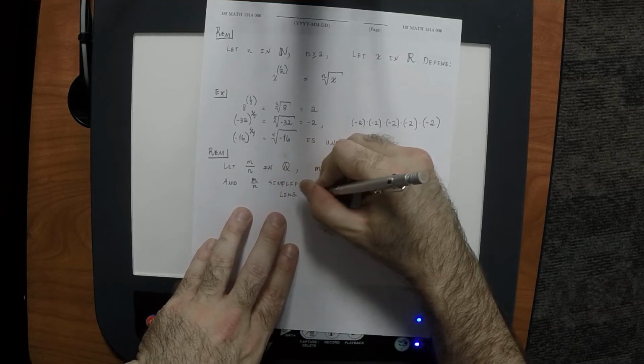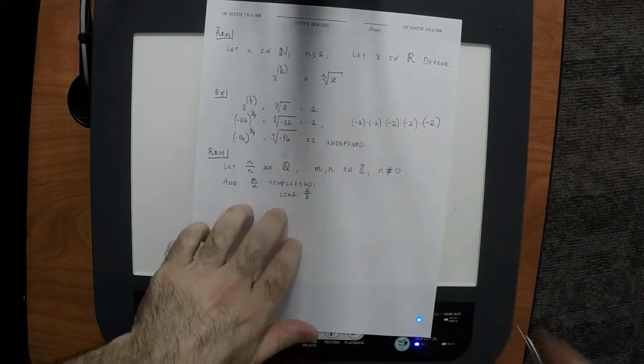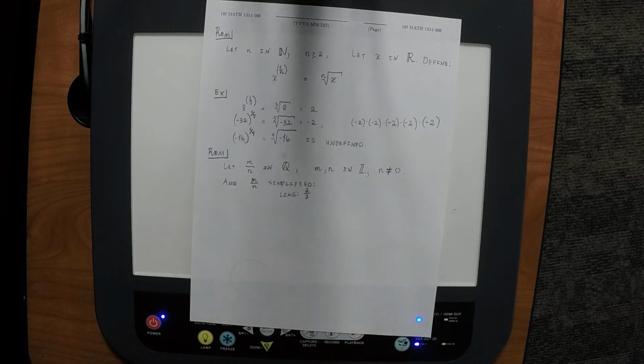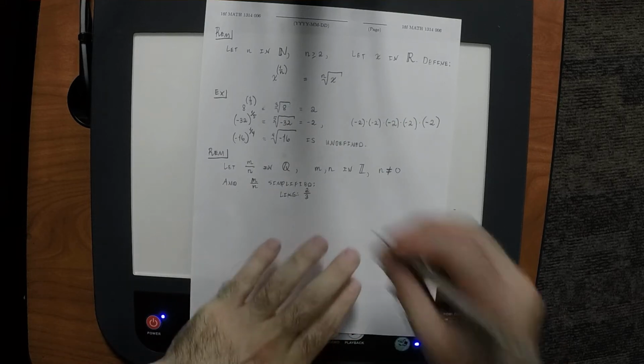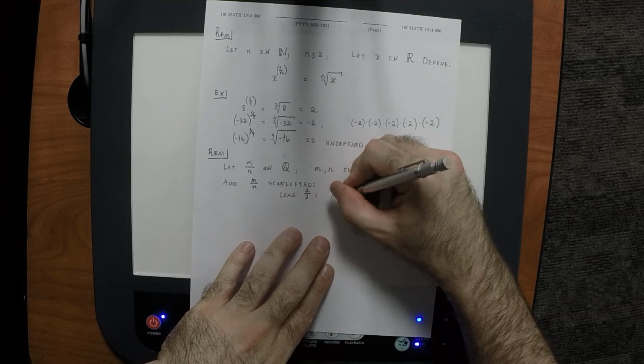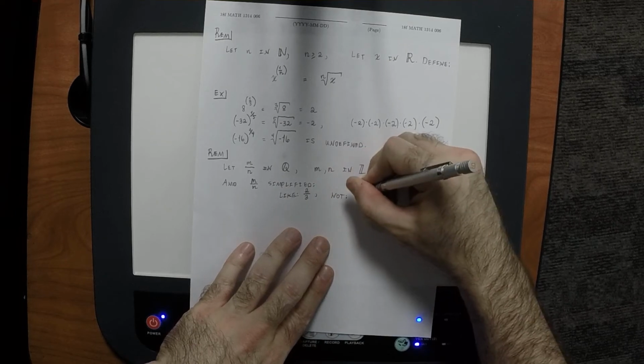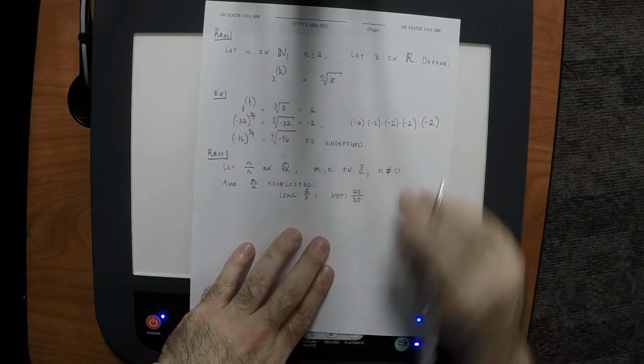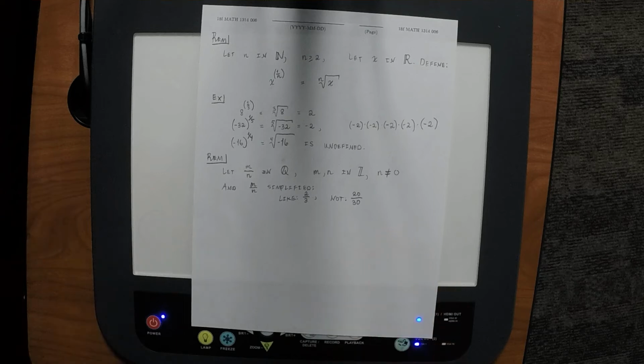So 2 over 3, that's simplified because 2 and 3 share no common factors. But 20 over 30, that's not simplified because they share a common factor of 10. Okay. So now what we're going to do is we're going to define the following.